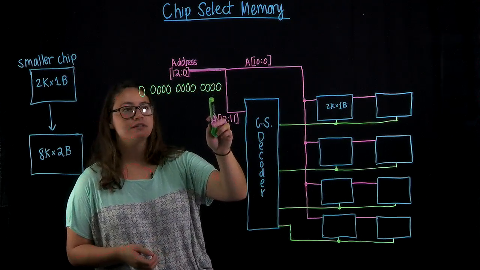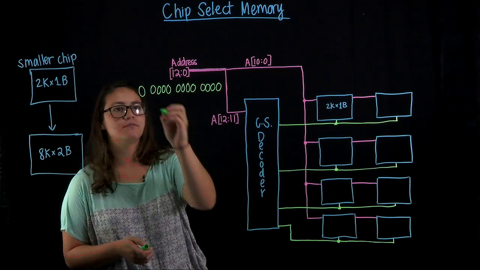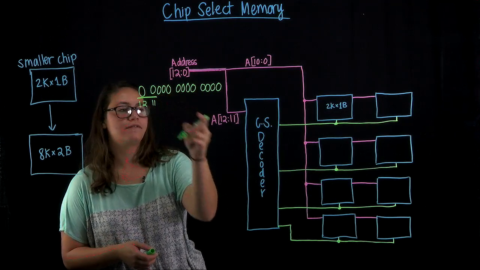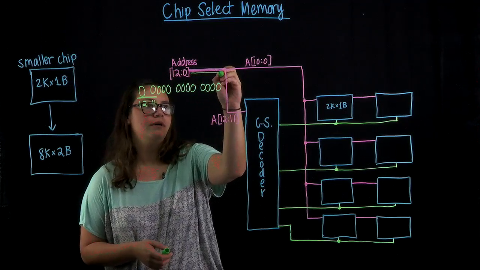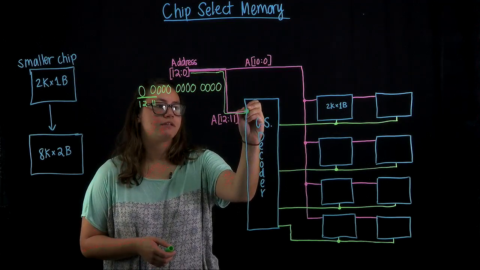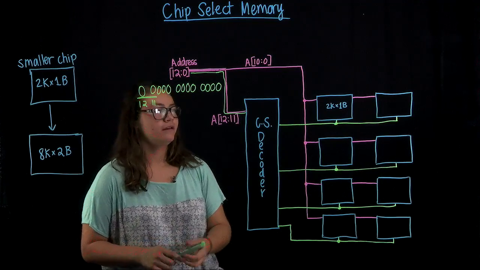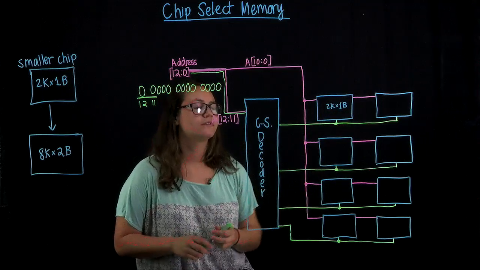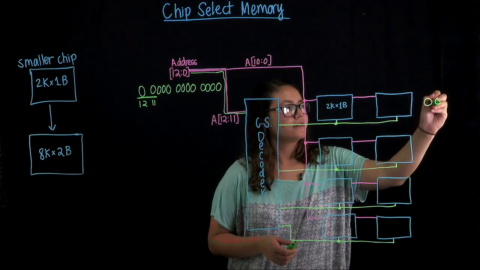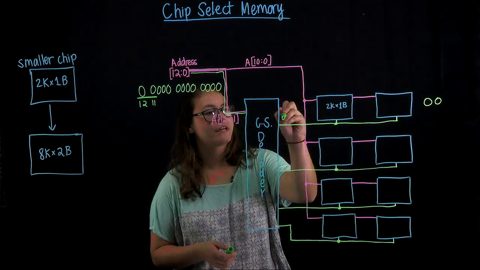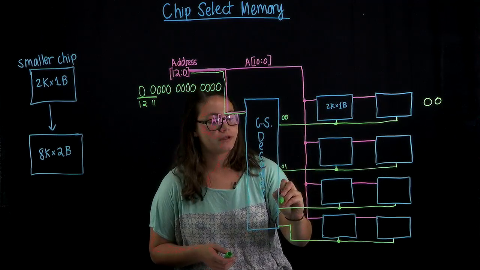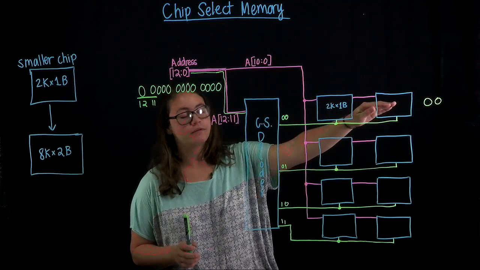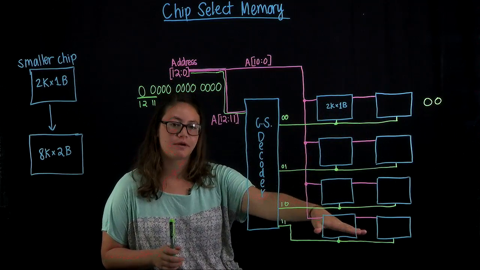The first 2 bits on this address, bits 12 and 11, are going to go right here into the decoder. And then the decoder is going to decode that to the first row of chips. So it will select this one. Well, let's just say it'll select 00, 01, 10, or 11. So it will turn on this row for reading, and then it will turn the rest of the rows off.